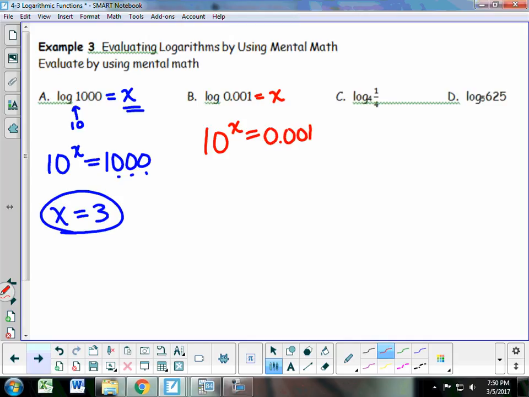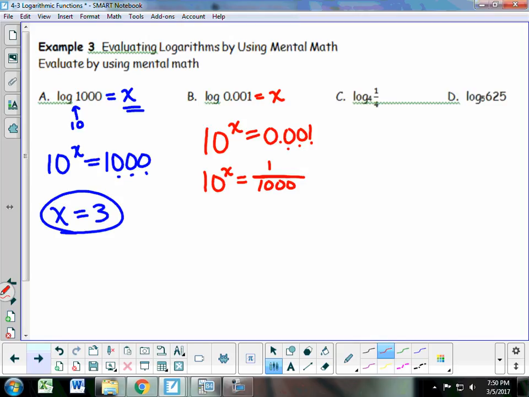Okay. Now that one might be a little trickier. I know that if it's a decimal, it's probably going to have to be a negative exponent. Another way to look at this is, what is this as a fraction? Well, this is tenths, hundredths, thousandths. So it's 1/1000th, if that helps. So that means it's negative because it's been flipped.